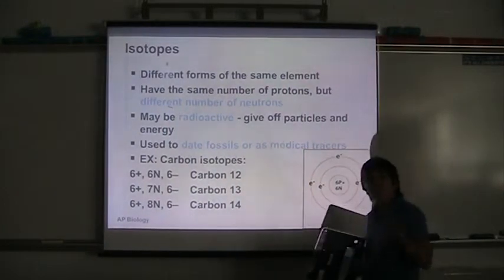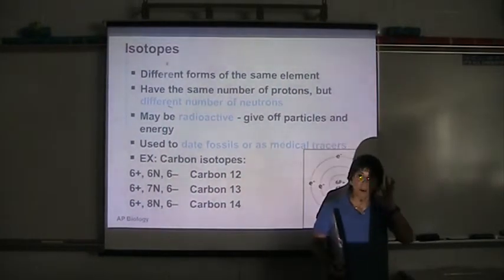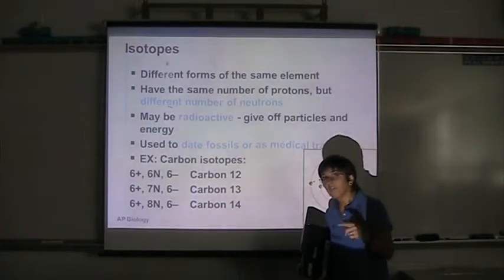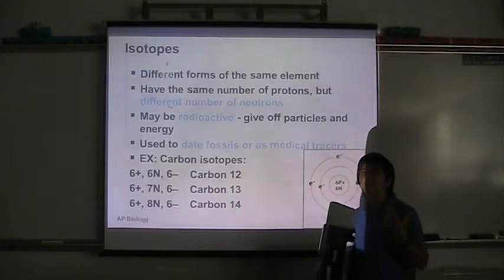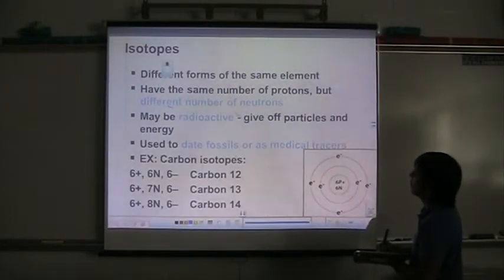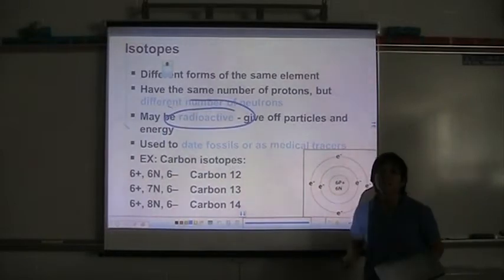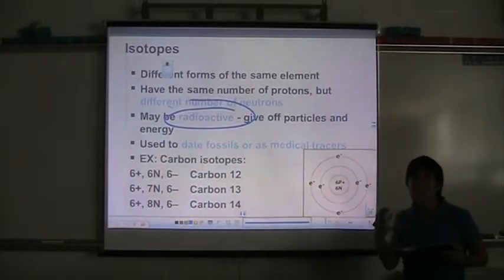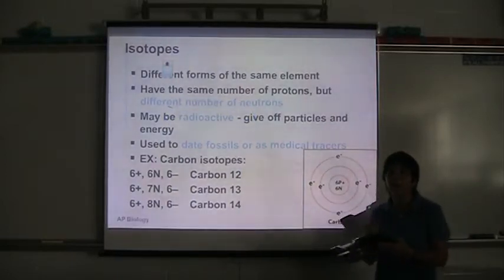Now, besides carbon, we use a number of other isotopes in biology, phosphorus, potassium, so keep an eye on them. Most of these isotopes that we use are going to be radioactive because they give off particles and energy that we can trace and follow, and that's important.